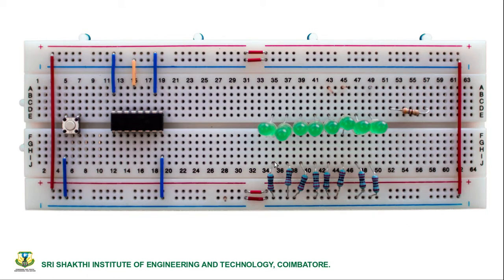A resistor can be grounded like this. If you want to ground one terminal, you can connect like this. This is how the LED is connected, and if you want to connect a resistance in between, you can connect it like this. So this is a small breadboard connection. The main thing we have to note is how the IC is connected in the breadboard.